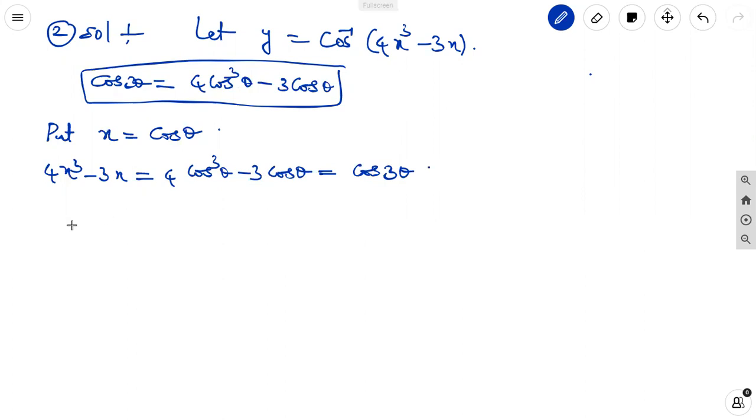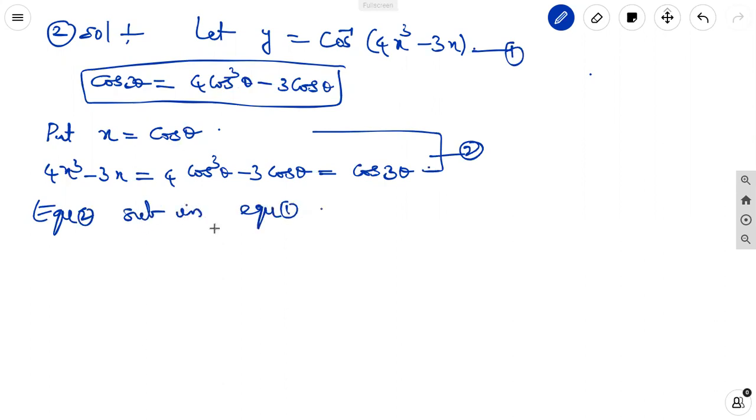Okay, here these values, let it be equation 1, these two are equation 2. Equation 2 substitute in equation 1. Then y is equal to cos inverse of cos 3 theta. Cos inverse get cancelled, it is 3 theta.